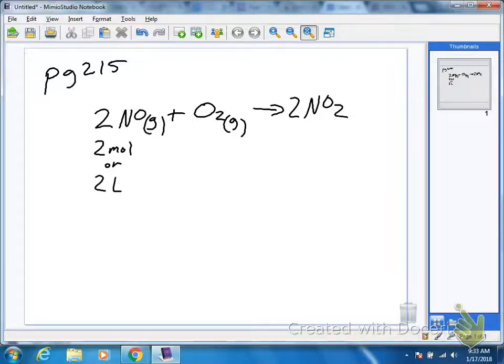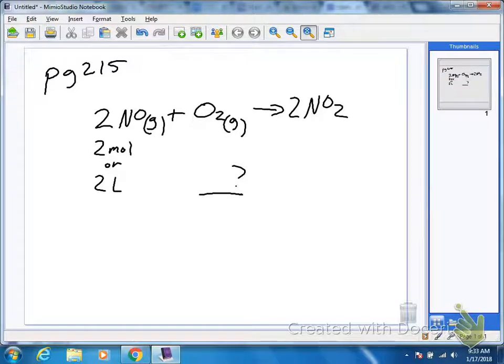It says that given the same conditions of temperature and pressure, what is the volume of O2? So here's O2, and it wants to know the volume of O2. Now, this ratio we have is 2 to 1 to 2.